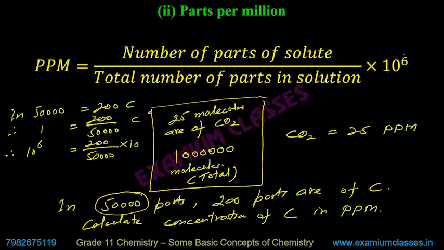So 20,000 divided by 5, that is 4,000 ppm.